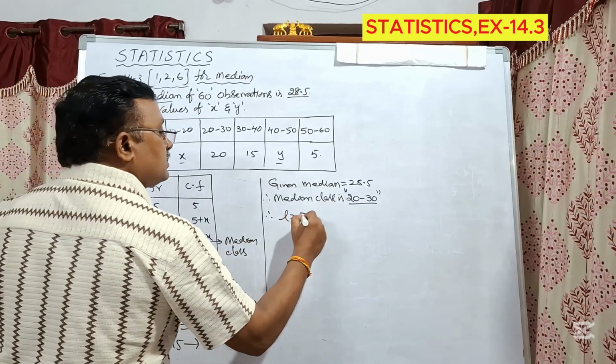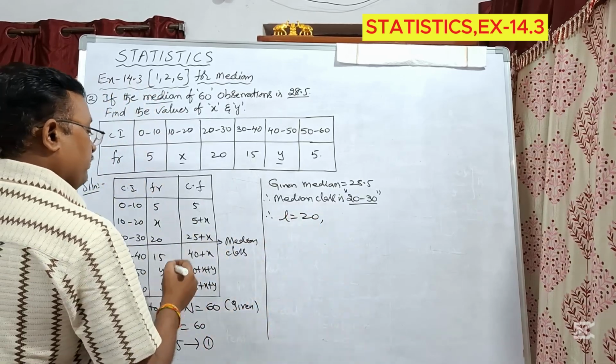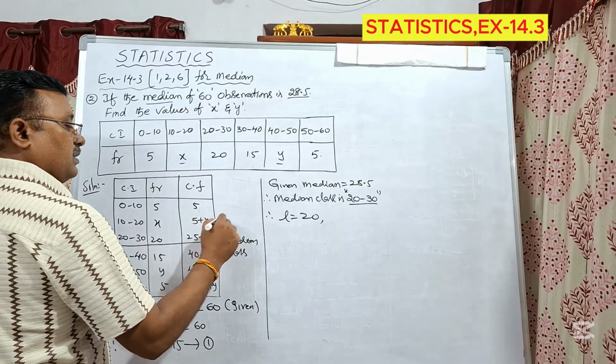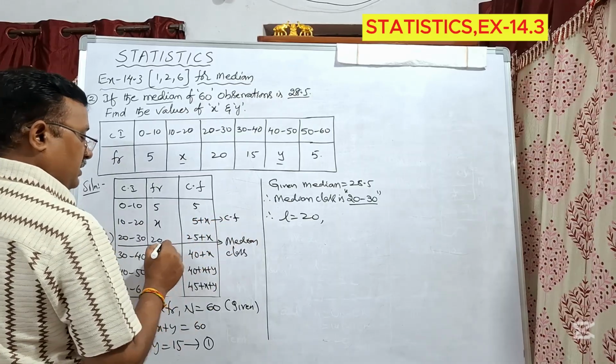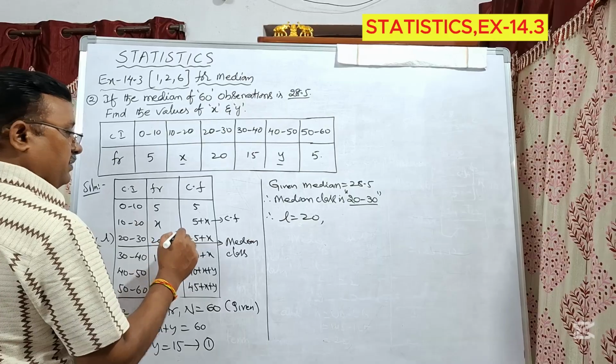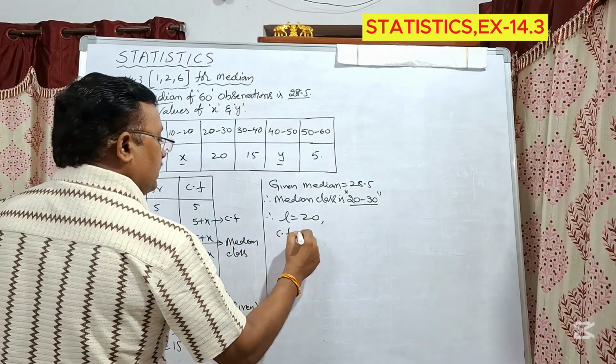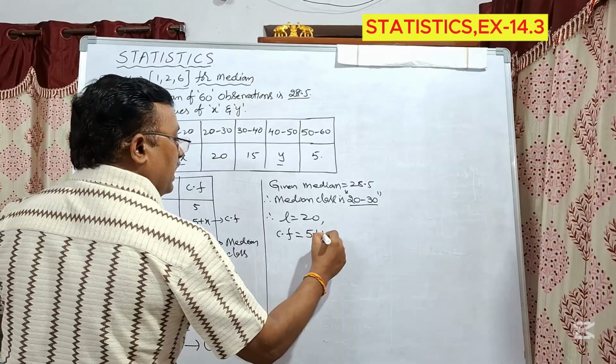L equals how much? 20. Its preceding cumulative frequency is CF, which is 5 plus x.